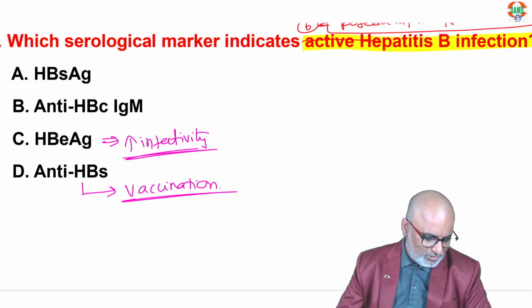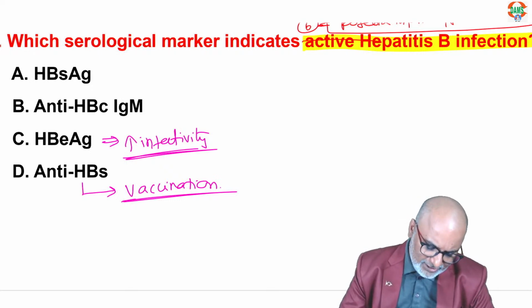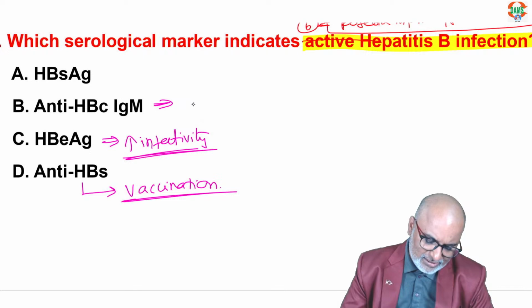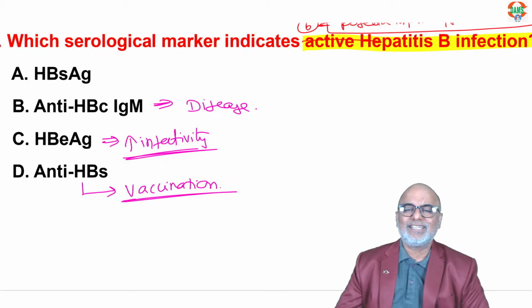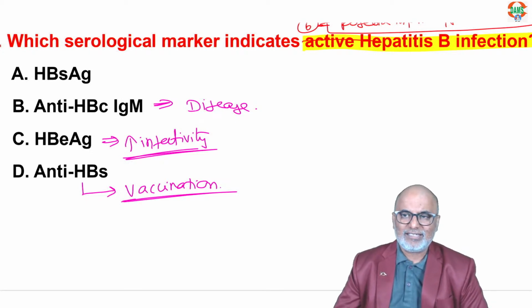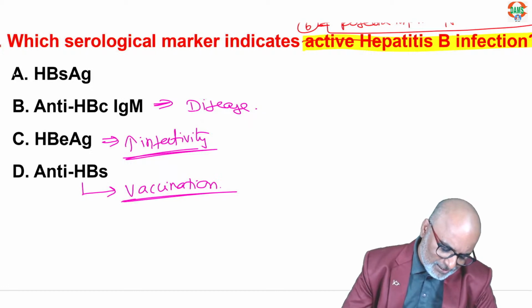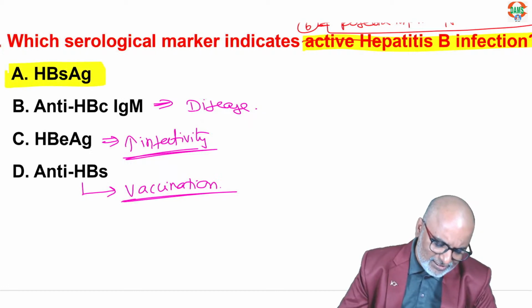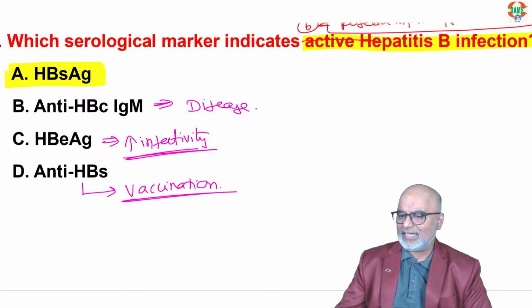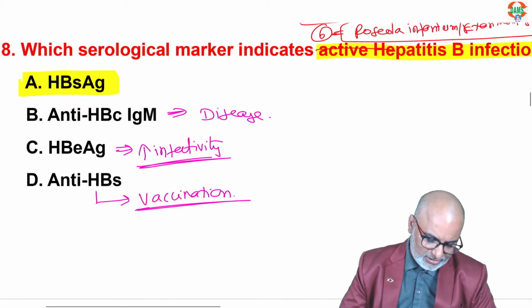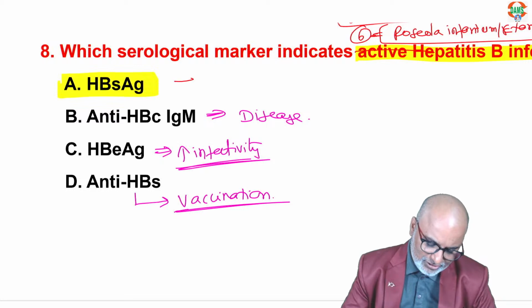Very good, Dr. Shruda, you're right. Core antibody IgM indicates the disease status, acute or chronic. Active infection present means hepatitis B. Surface antigen indicates active infection.